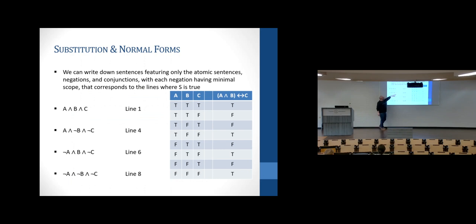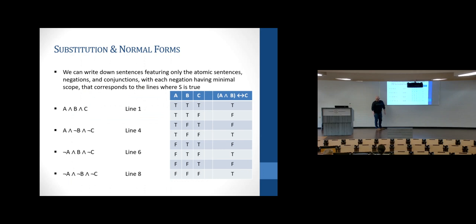If on evaluation this sentence is false, then the negated atom goes in. So again, if we look at line 4, say our target sentence is true, A is true, B is false, and C is false. So that means we'll get A, conjunction, negation B, conjunction, negation C. We see this sort of process here. It's really straightforward. So for every line where our target sentence is true, we build one of these.